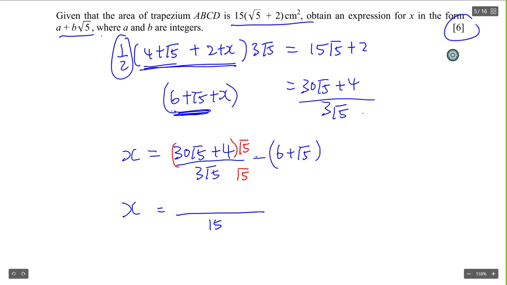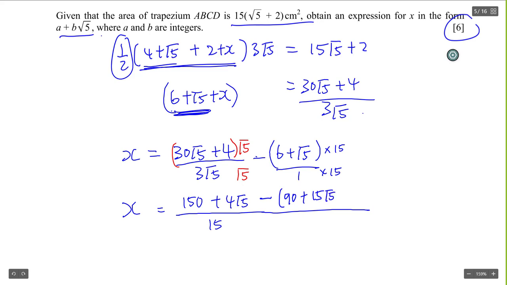Top will be, if I multiply in, 150 plus 4 surd 5 minus, this is over 1, isn't it? Obviously it's a different denominator, so I multiply 15. Then the whole thing is over 15. If 15 multiplies this one, it will be 90 plus 15 surd 5.